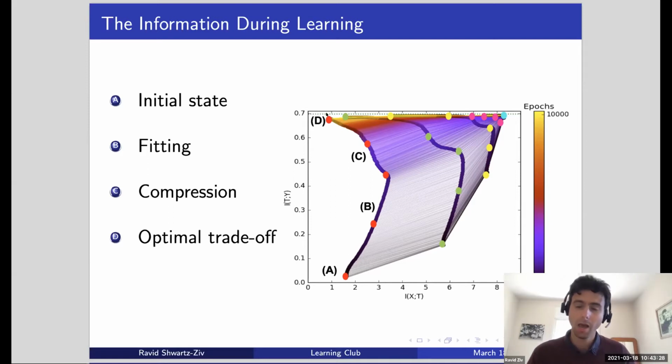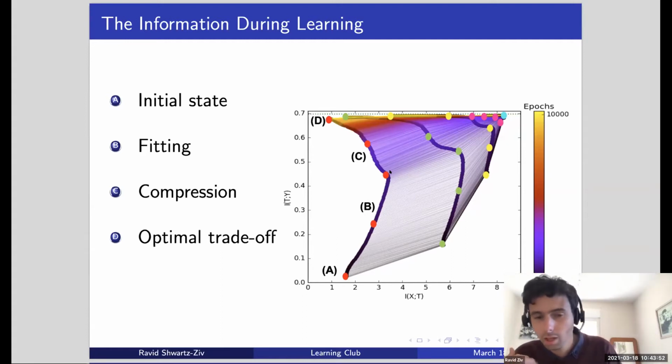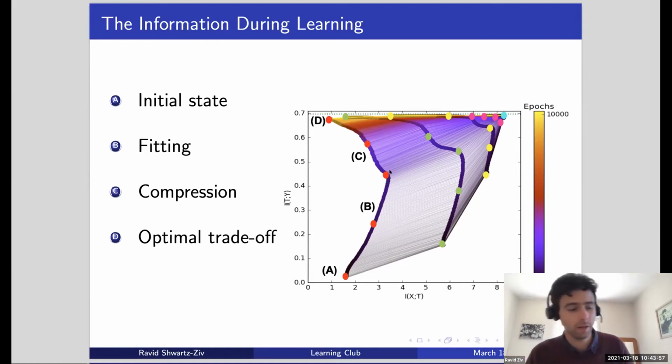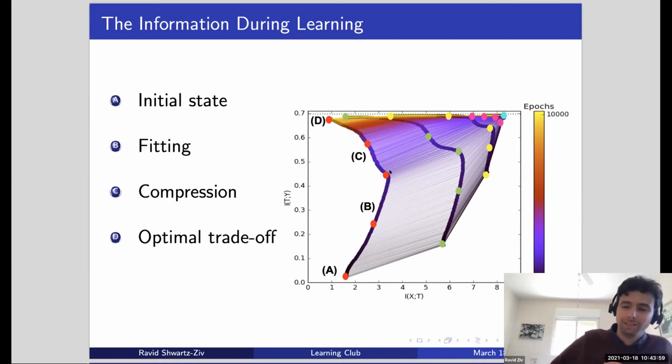And for example, this is the path that the final layer takes during the learning. And we can see here again that we start with some random initial state, and then we have a fast fitting phase where all the layers increase their information with the labels, and then we see a slow compression phase till we reach some optimal trade-off.